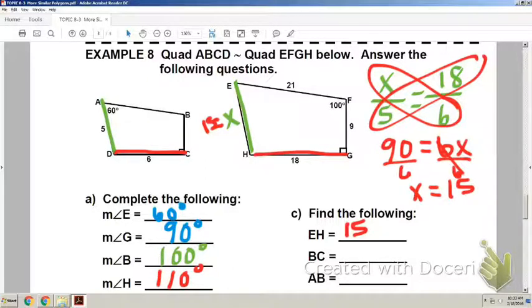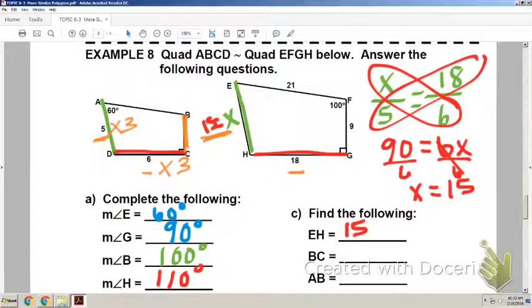Okay, we found x. Now we need to find BC, which is right here. If we look at the scale factor, we can do this without using a proportion. If we look earlier, DC is 6 and HG is 18. So to get from 6 to 18, you can multiply the 6 by 3, and that'll get you to 18. So that means our scale factor is 3. Again, with AD, 5, and then EH, what we just found, is 15. If we multiply 5 by 3, that'll get you 15.